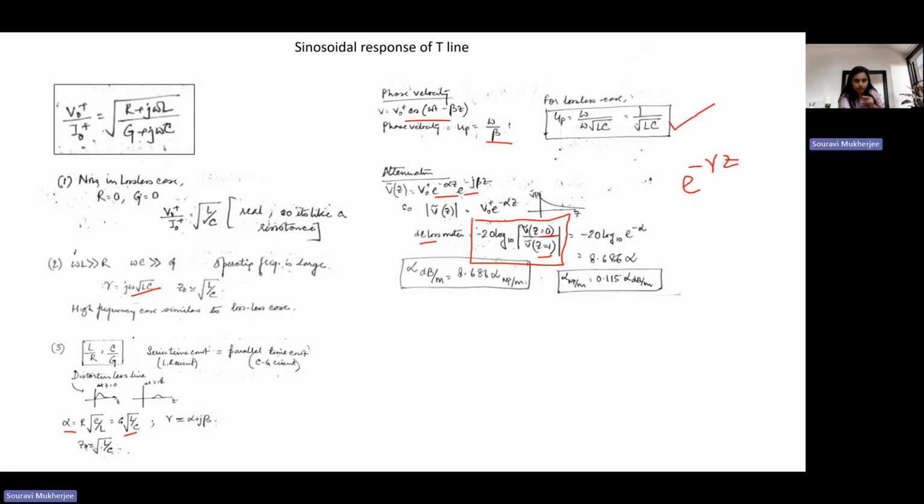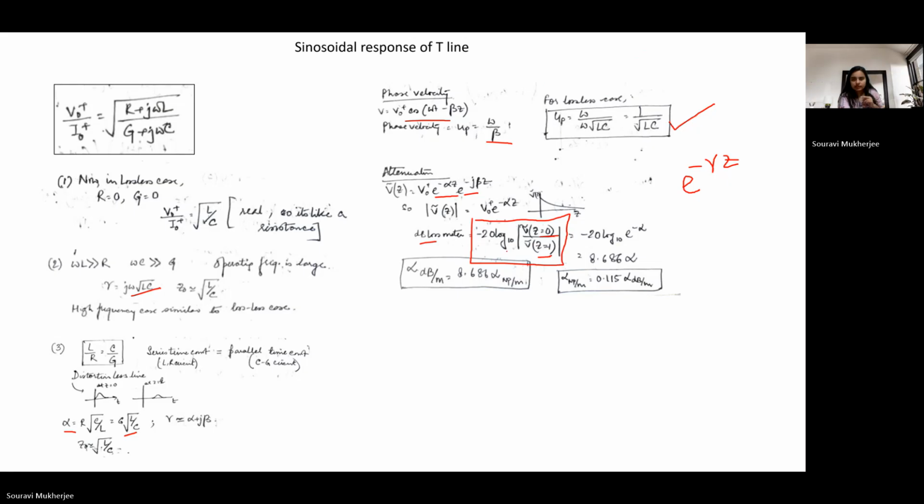Whenever you are doing this 20 log 10 term, you are basically getting the loss in dB. Now, if you want to find the loss in natural units, then you can just take the ratio. So there can be a conversion between the two, right? When you multiply by minus 20 log ratio, that gives you the value in dB per meter.